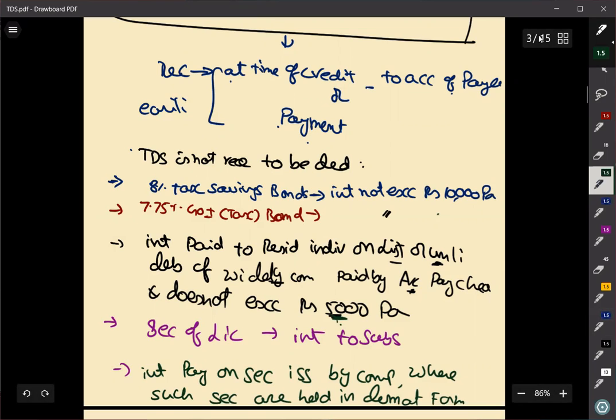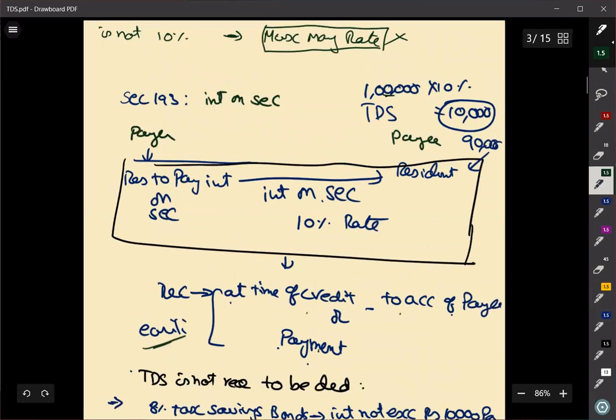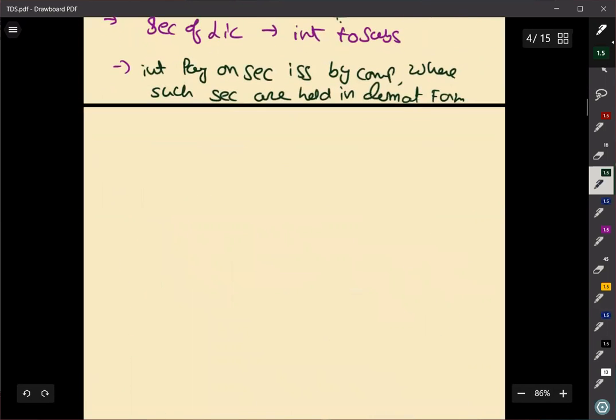Apart from these cases, at the time of credit to the account of the payee or at the time of payment, whichever is earlier, TDS has to be deducted at 10%. Say 1 lakh is the interest on security, 10,000 is the TDS, 90,000 should be paid to the payee and 10,000 should be paid to the government as TDS. That's section 193.